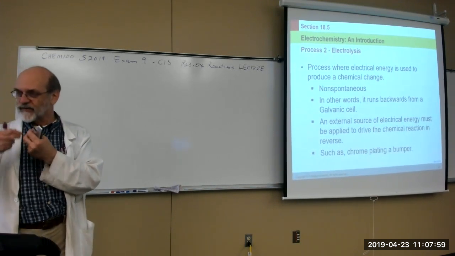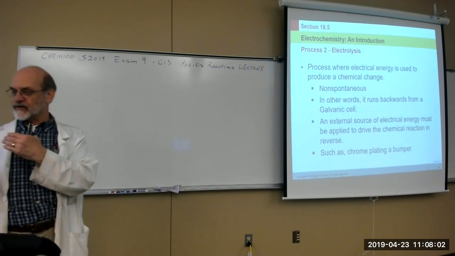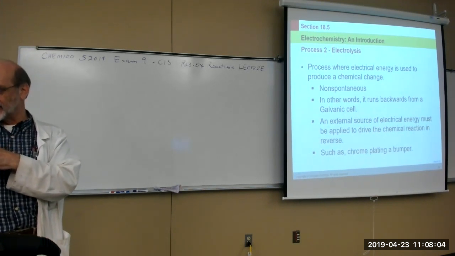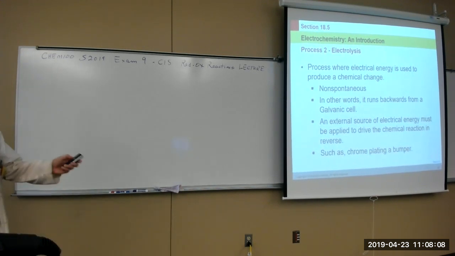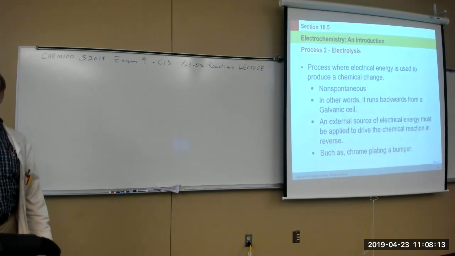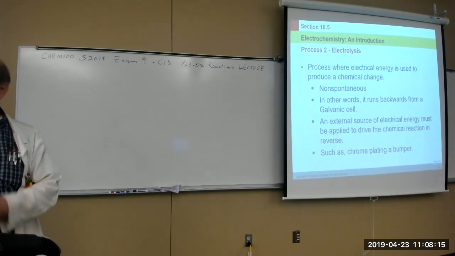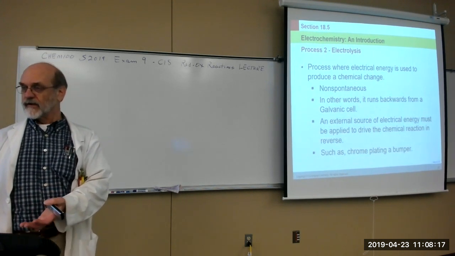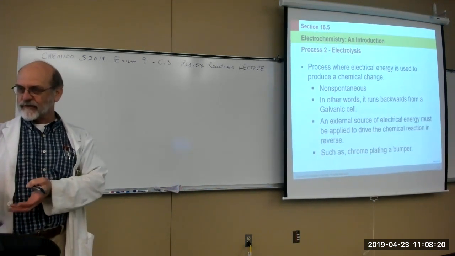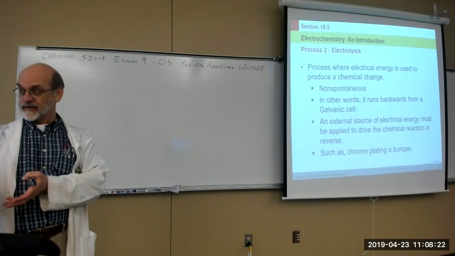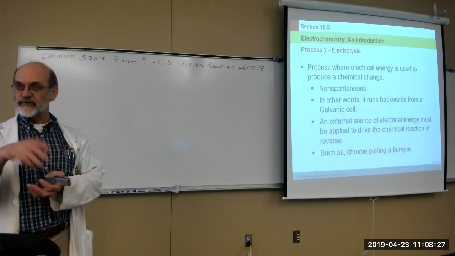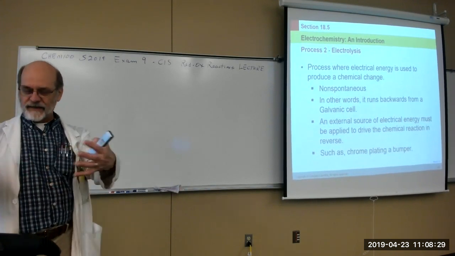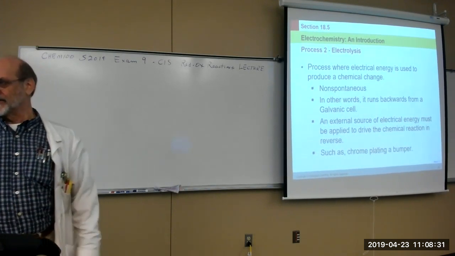Once you've formed that layer, the chrome sticks to nickel and copper very easily. Then you can put your chromium layer over the top. You stick that bumper in your solution of chromium and run a charge through it. The bumper becomes the cathode. Electrons are coming out from there. The chromium ions are being reduced to metal, going from a plus charge to 0, and they plate on the bumper.